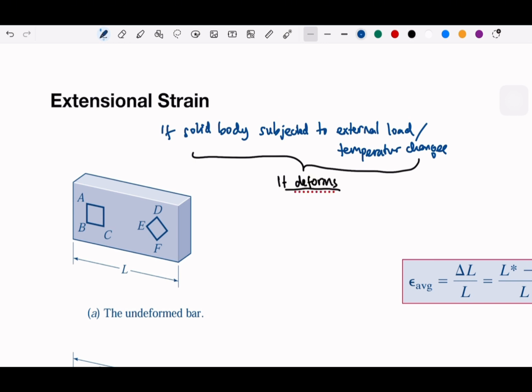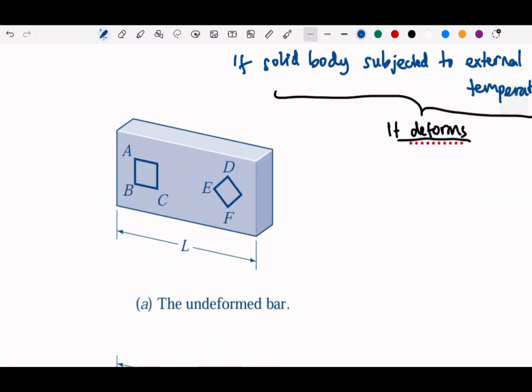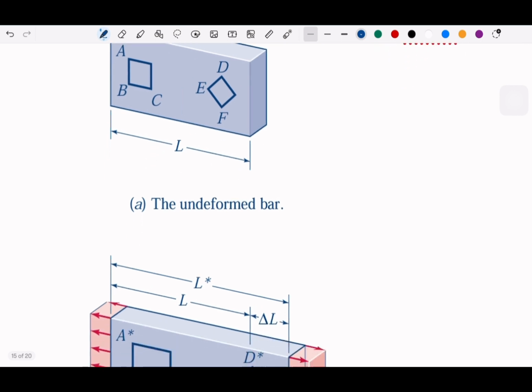And how it will be deformed, it can change the length, it can change the angle. For example, if we see this bar, which has a rectangle pattern and another square which is oriented 45 degrees, DEF, and if we apply some external loads, from these conditions it becomes this.